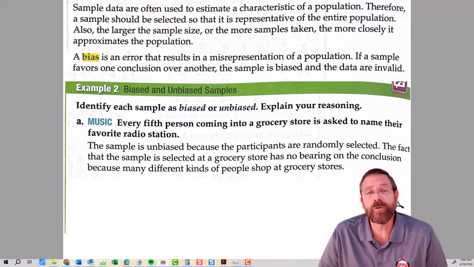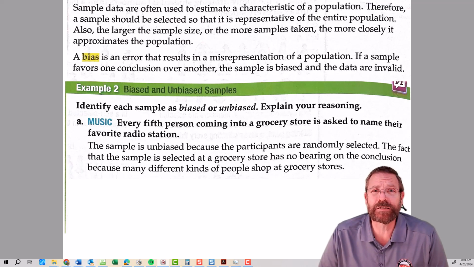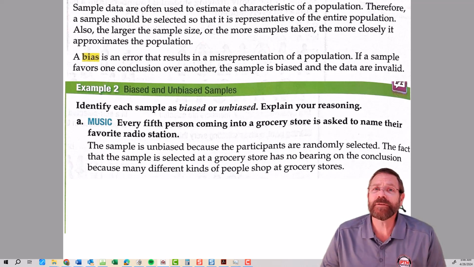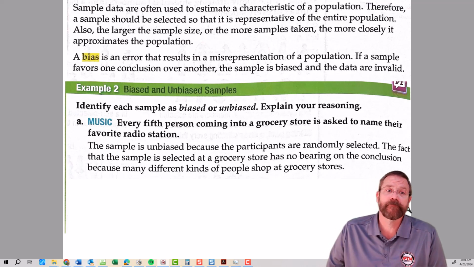Yeah, I know there are some real uppity folks that have people go shopping for them, and now we have Walmart delivery and Walmart grocery pickup and things of that nature. We're going to pretend those don't exist because they were created after this textbook was written. But as a general rule, sooner or later, everybody goes into the grocery store. So that's going to be an unbiased sample because each person has an opportunity to participate in the survey.